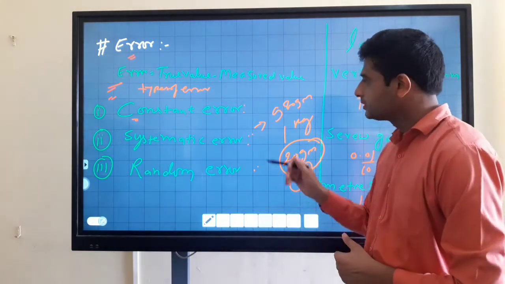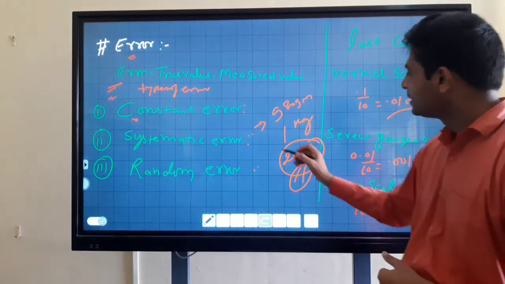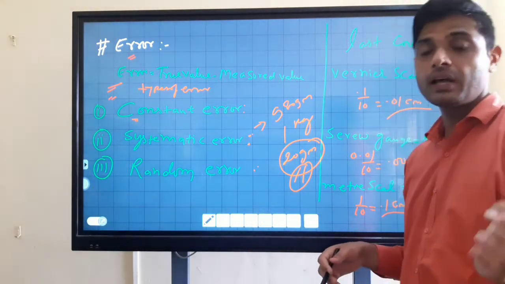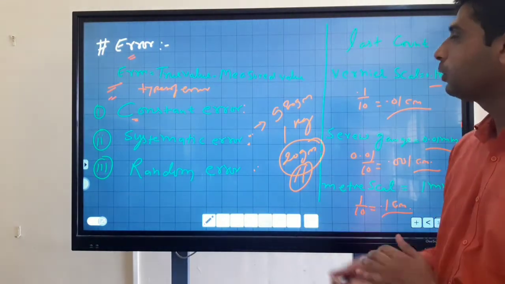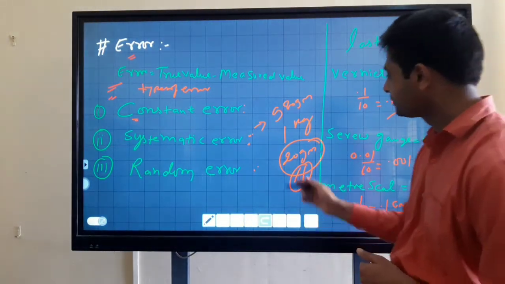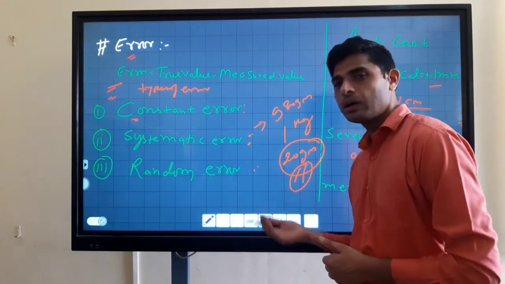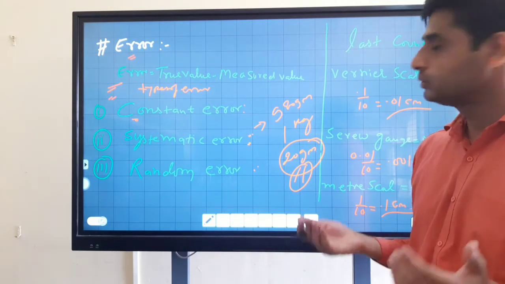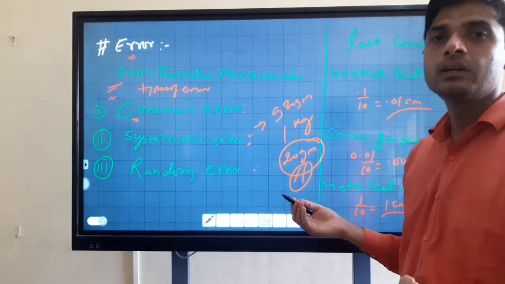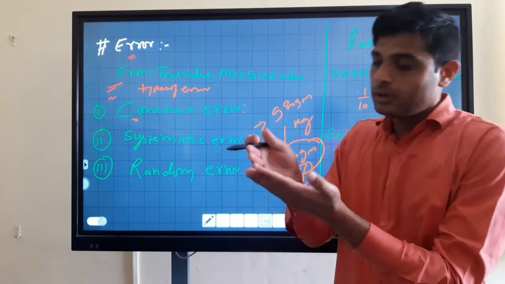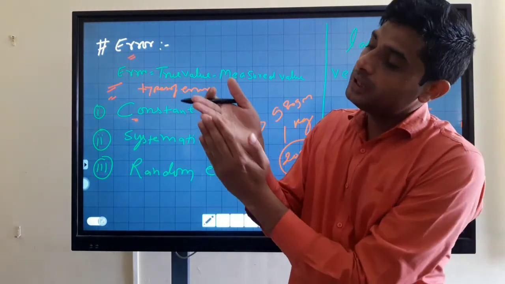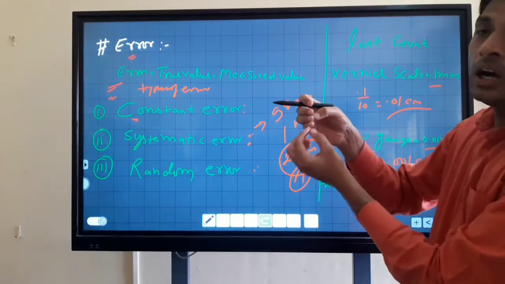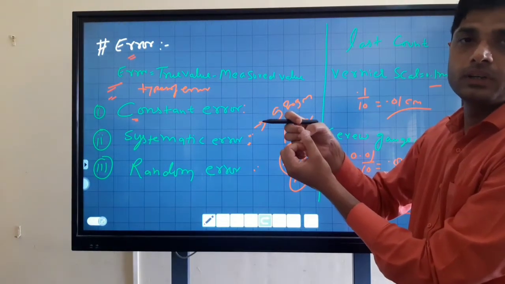Second is systematic error. Systematic error takes place in one direction. It may be positive or negative. It arises due to the warping of the scale, like a meter scale, because when our meter scale is at one corner, there is some error in the measurement.